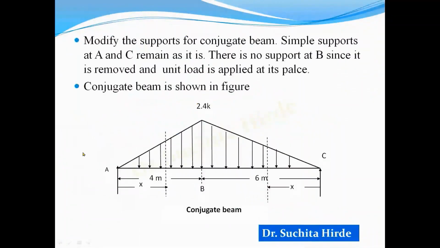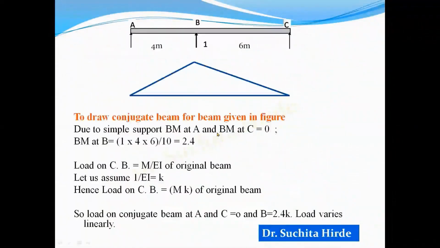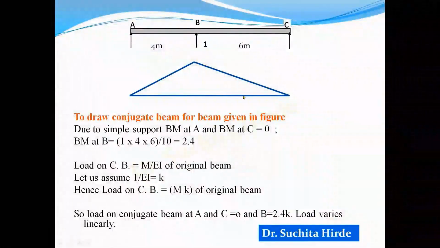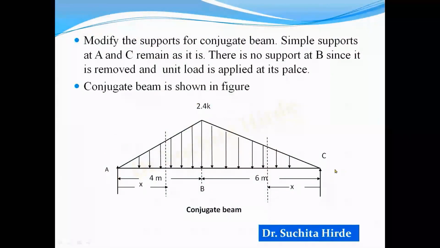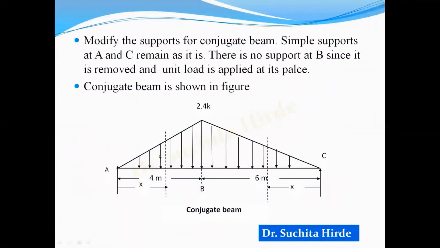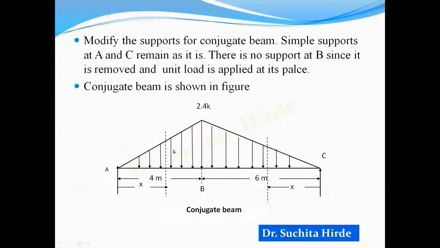So here we are drawing the conjugate beam for this. Here we have to draw the supports, and then this is the maximum ordinate 2.4 K. Since the bending moment is hogging, we have to draw downward forces here.